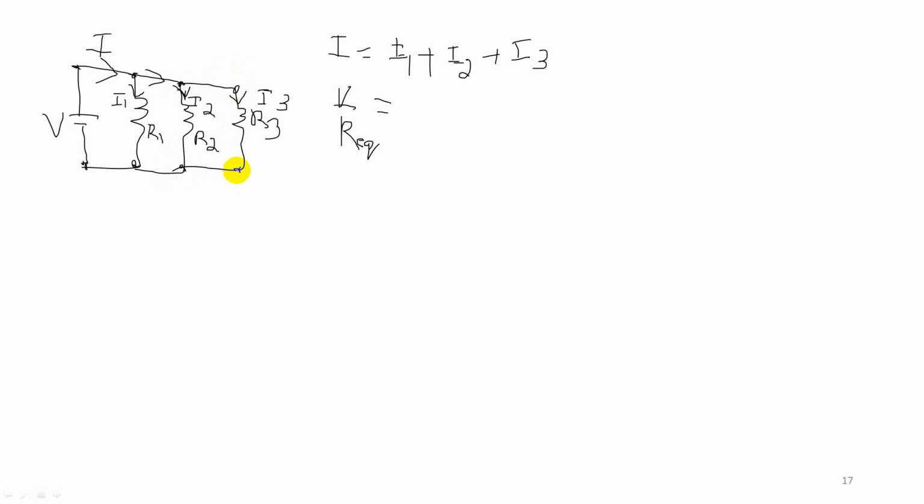So in parallel, the voltage across all the resistances is the same. So I can write I as V by R1 plus V by R2 plus V by R3.